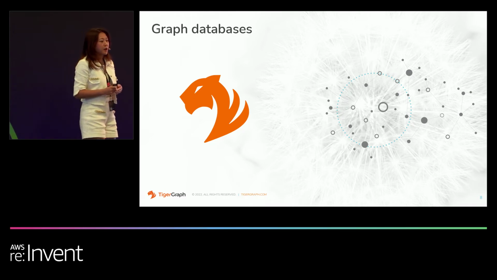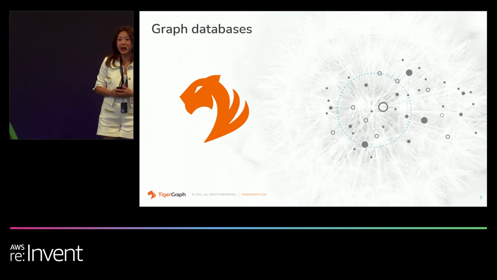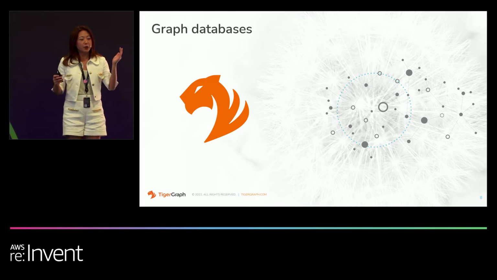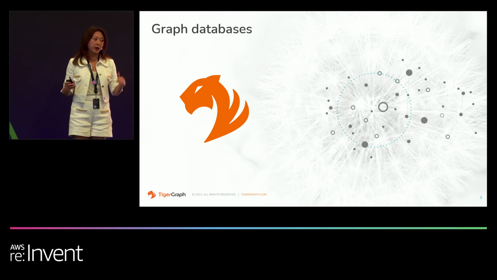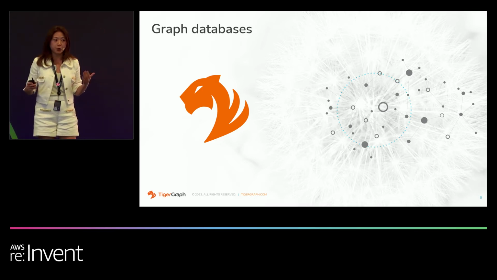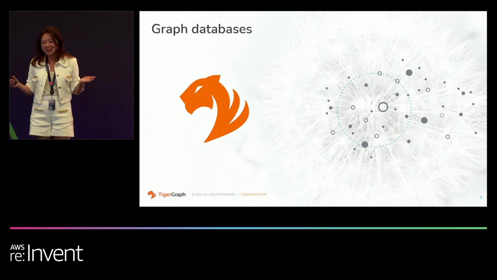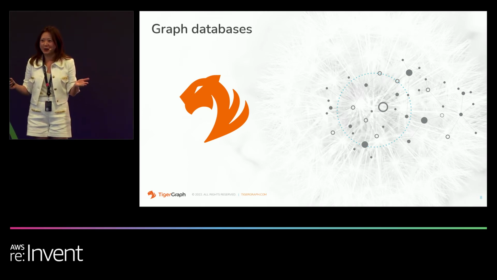So what makes us also special is that we have built a machine learning workbench. With our machine learning workbench, you can work with GNNs, which are graph neural networks. We have built a special plugin with your favorite AI/ML platform, which is Amazon SageMaker.